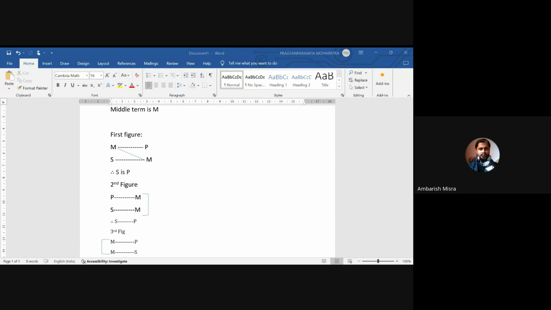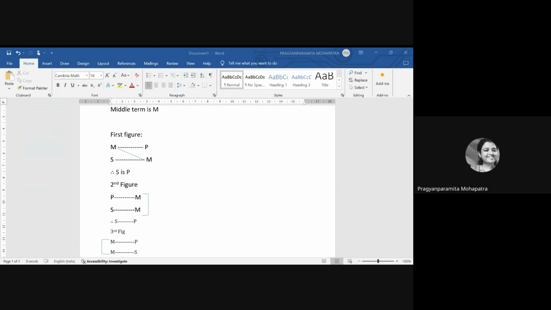Ma'am, can you repeat this? We are having these four propositions, and in each of these places we can have four possibilities. So what we can say about the mood is that the mood of the syllogism is what kind of proposition there are in a syllogism, as per the quality and quantity.